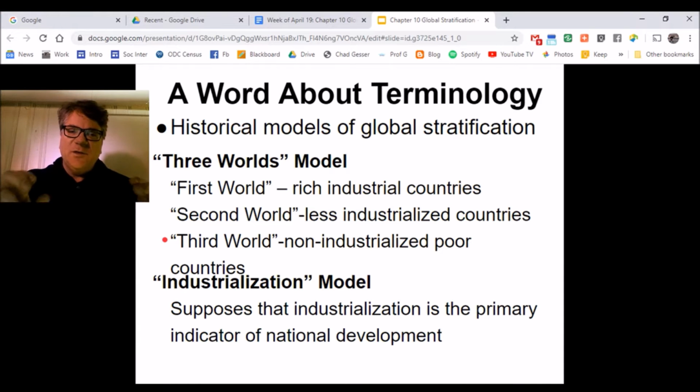So that industrialization model, notice that the first world, second world, third world focuses on those that are industrialized nations. Well, industrialization may have benefited a segment of human society, which in turn may have benefited the world at large. And I think we can say that. But there's a byproduct of industrialization that has wreaked havoc on the environment.